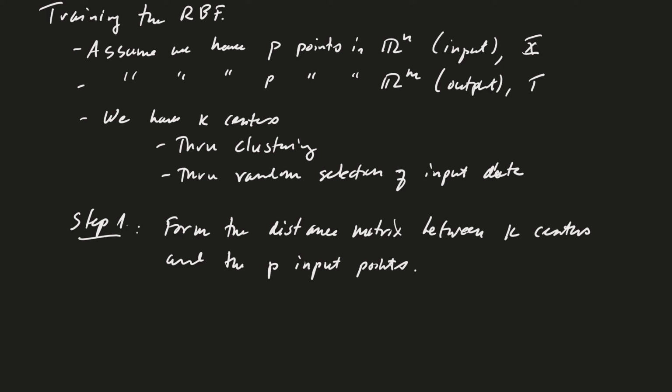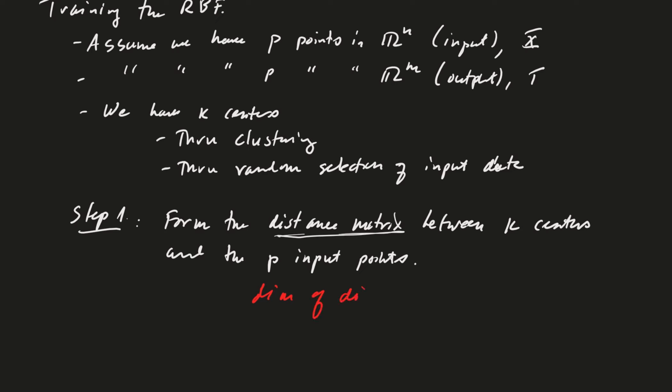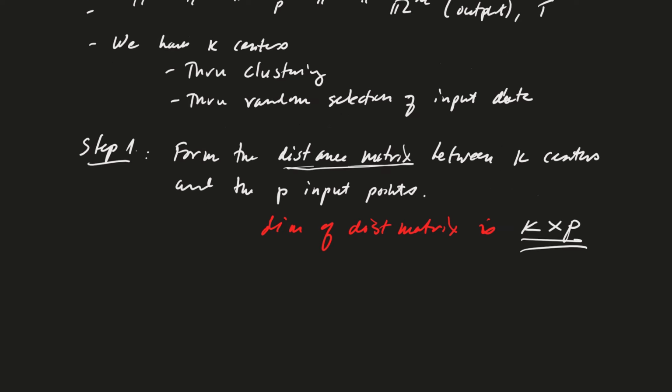Now what size is the distance matrix that comes out? Because it's really critical on these to keep track of the dimensions. So the dimensions of the distance matrix is, can you read that? Okay, let me go back to white again. K by P. Okay, and so again, these are distances.